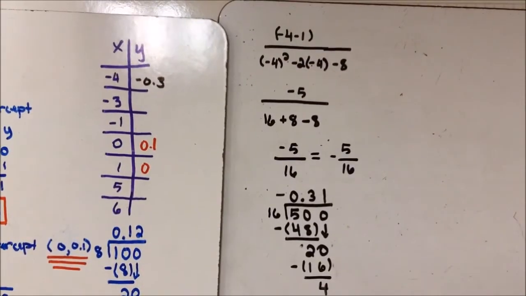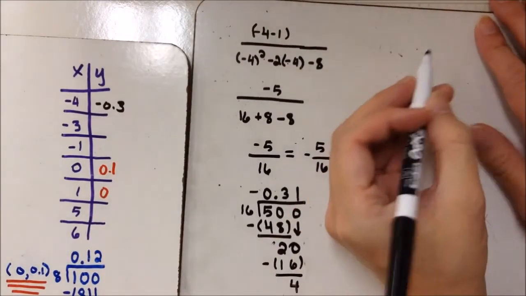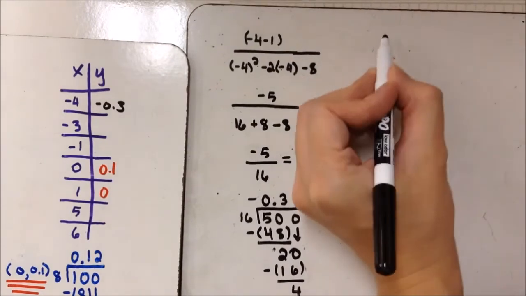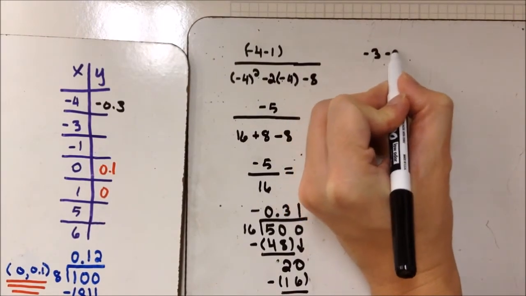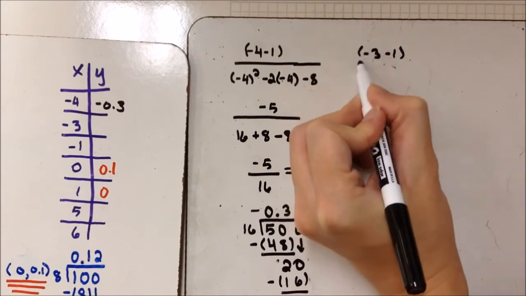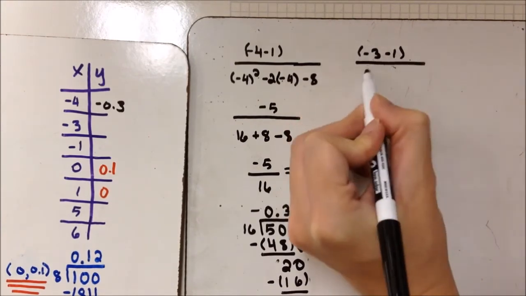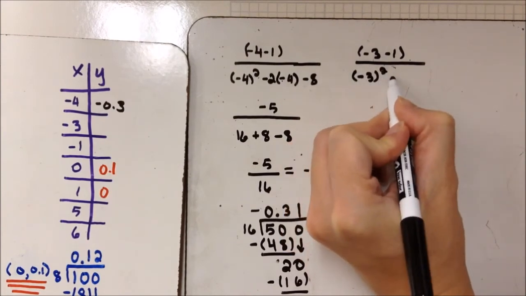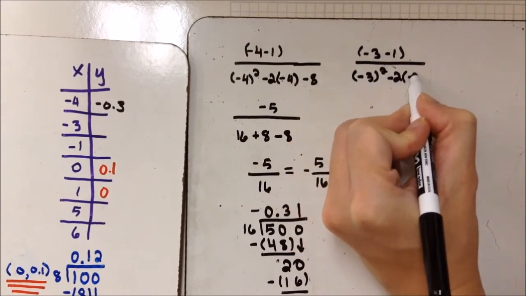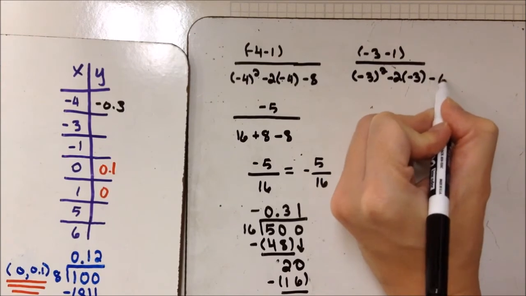So we're going to plug in -3 into all the x's again. -3 minus 1 over negative 3 squared minus 2 times negative 3, and then minus 8.